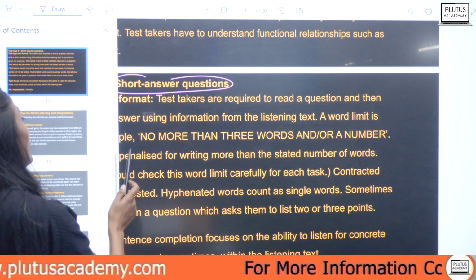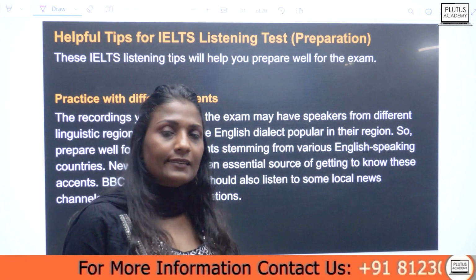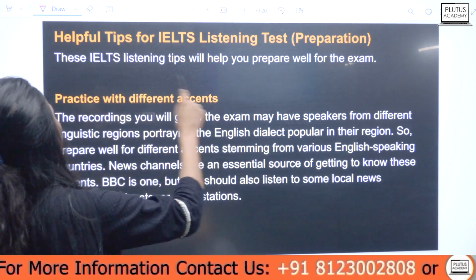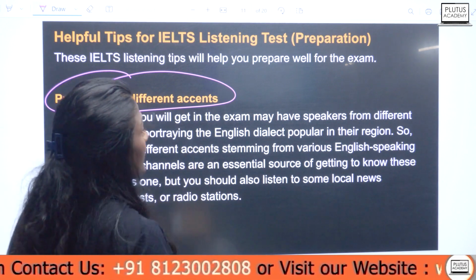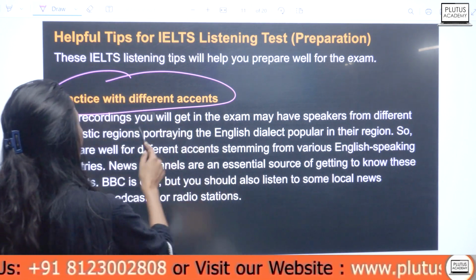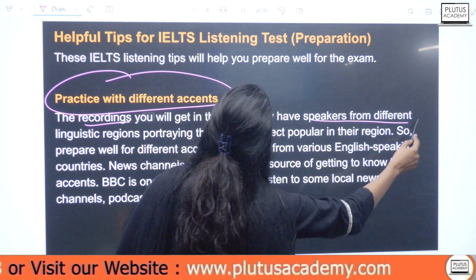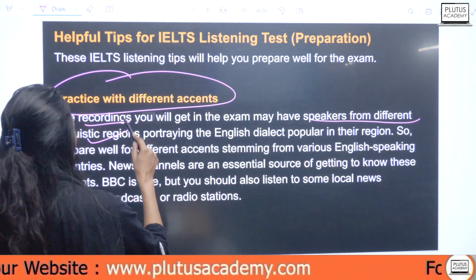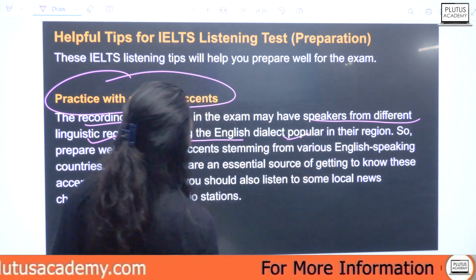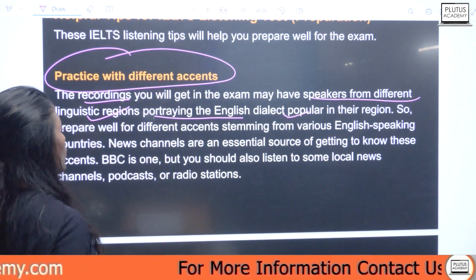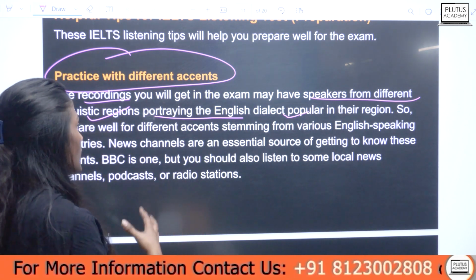Now, what will be your helpful tips to prepare for this exam? I would say practice with different accents. The recordings you will get in the exam may have speakers from different linguistic regions portraying the English dialect popular in their region. So you can listen to news channels from most English speaking countries.